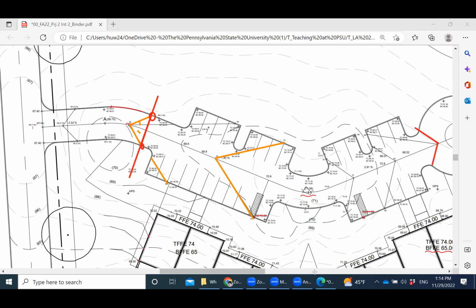The 71 contour, you have that's reasonable. Okay, your 71 contour is a small contour that looks fine. The thing that is not looking exactly correct is the angle of that line.